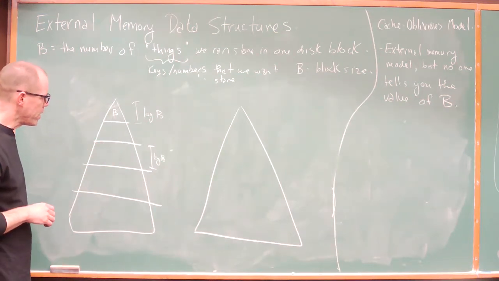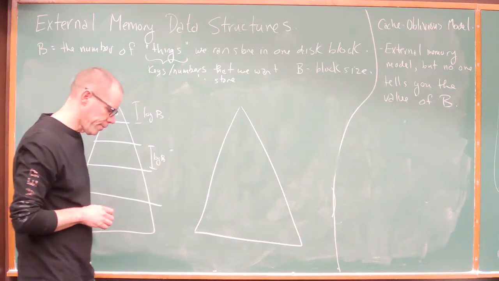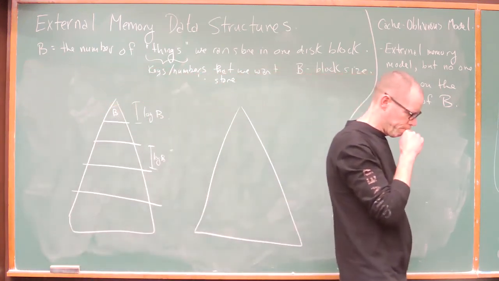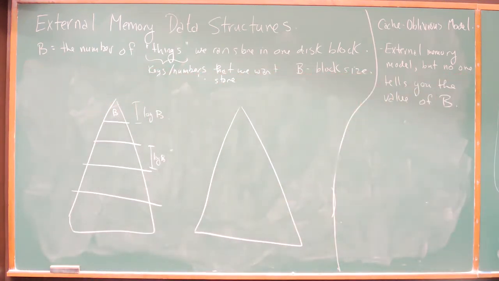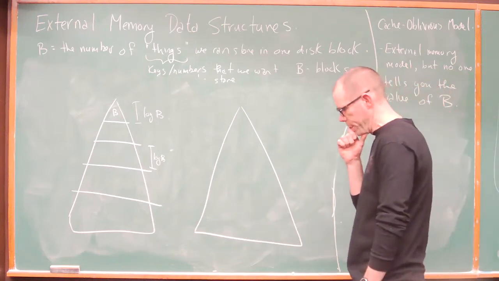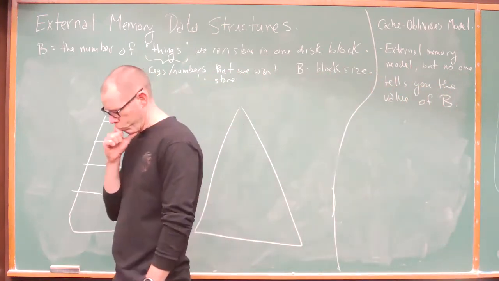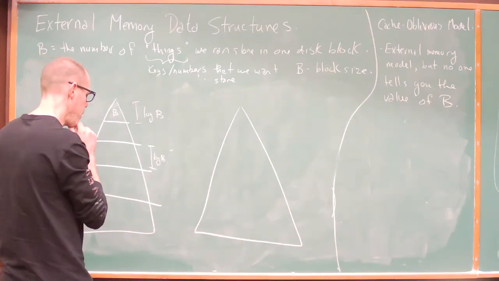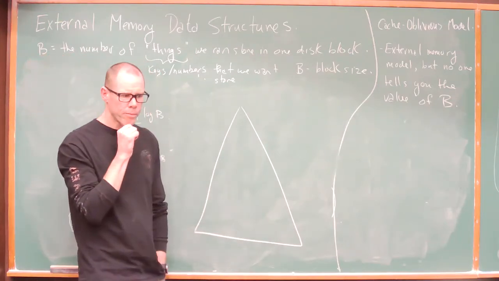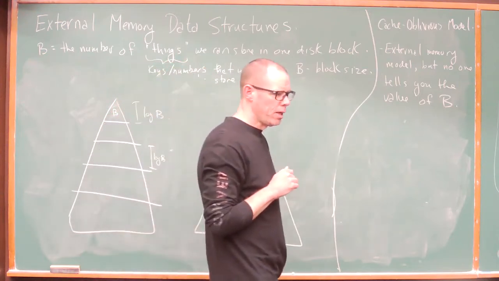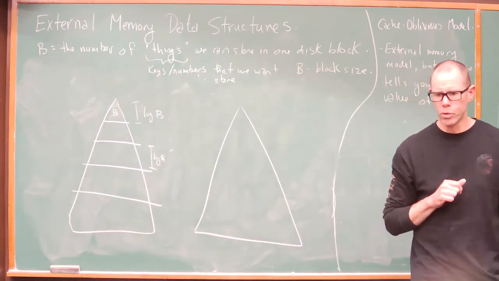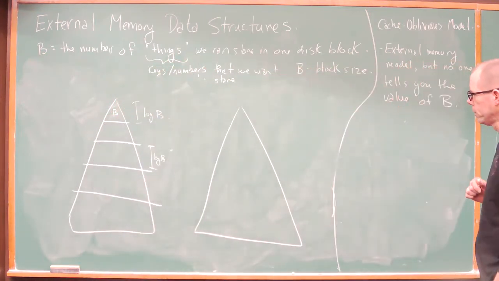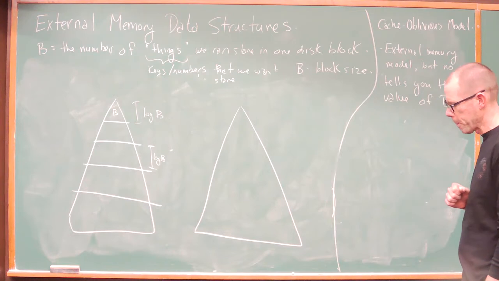Now we would like to do the same thing, but without knowing the value of B. For all we know, B could be as big as n, or as little as 20, or log n, or square root n, whatever you want.